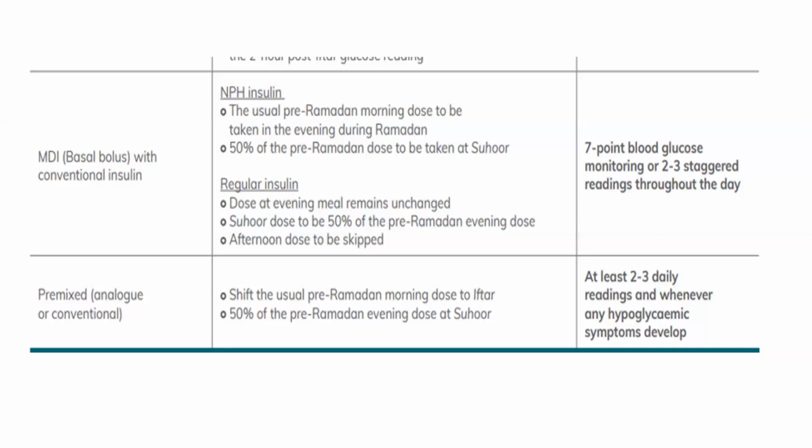Okay, so for example, whatever is your dose, say 20 units, 50% of that dose you will be taking at suhoor time, because after the suhoor you'll be fasting for a longer period of time, almost 14 to 15 hours, and that's why 50% of the pre-Ramadan dose to be taken at suhoor.